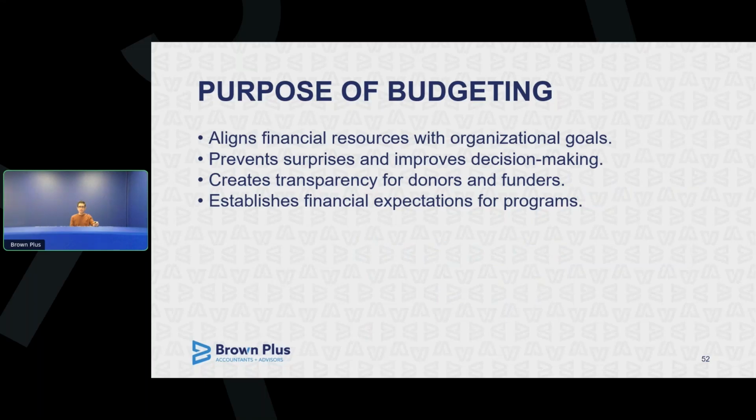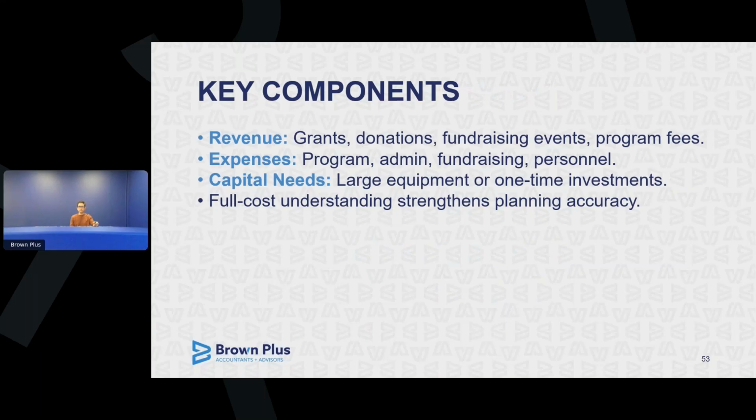So with that, let's talk about the building blocks that go into a nonprofit budget. We're going to break this down into 3 big sections. The first section is revenue, which is the money coming in. Then we have expenses, the money going out. And then we have any special or one-time capital or special projects.